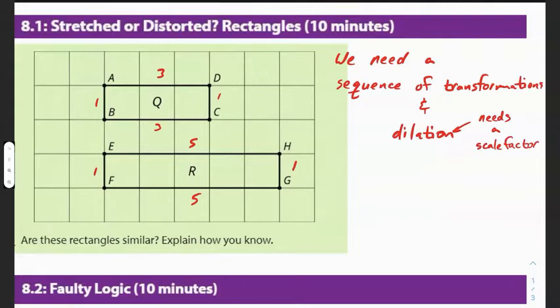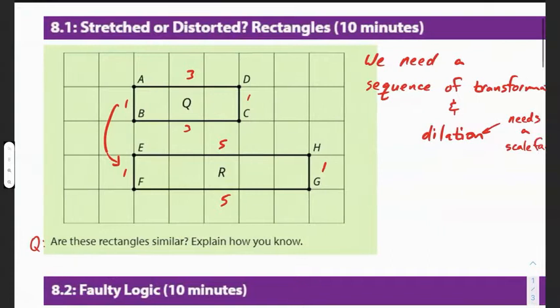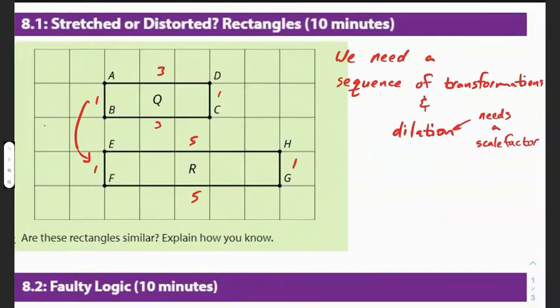Let's take a look at AB to EF. To get from here to here, 1 times what gives me 1? You have 1 times some scale factor giving me 1. Well, that means your scale factor is 1.